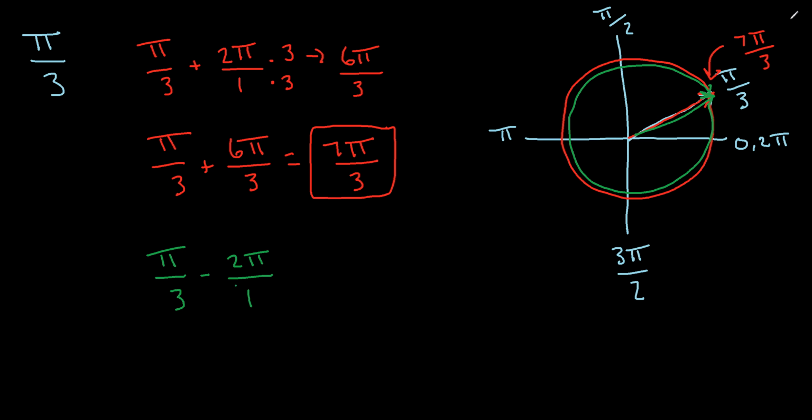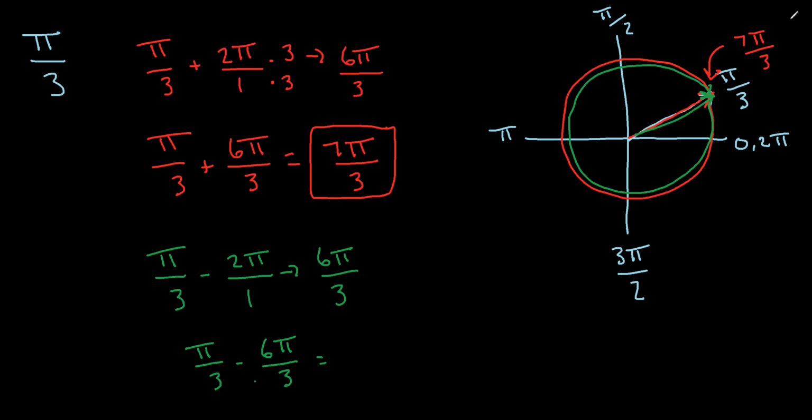So again, when we're adding or subtracting fractions, we want them to have the same denominator. So instead of 2 pi over 1, we're just going to convert this to 6 pi over 3 once again, just like we did up here.